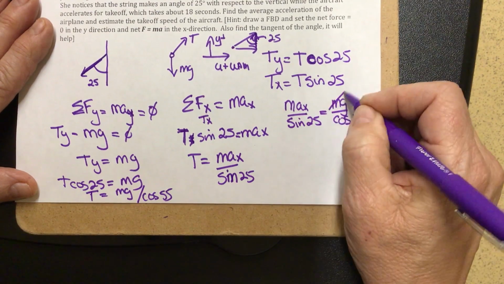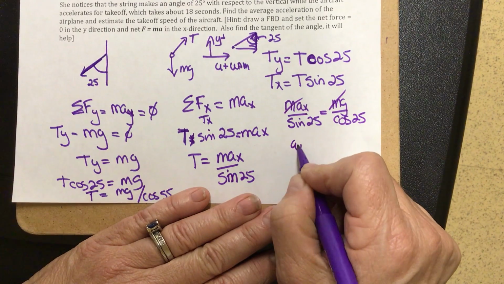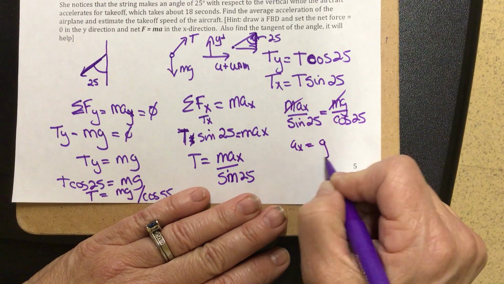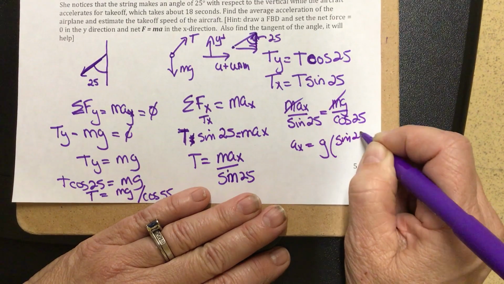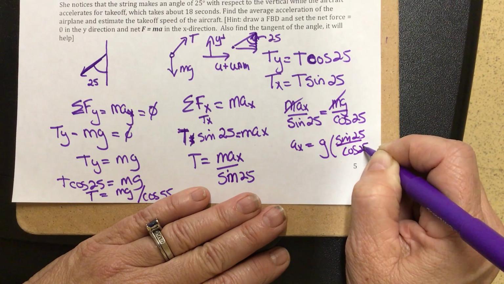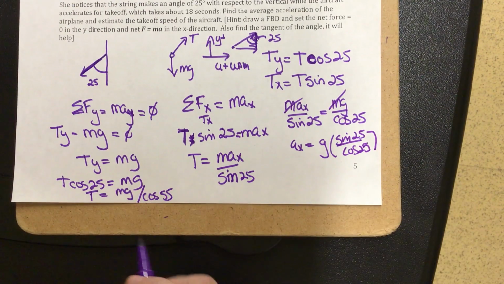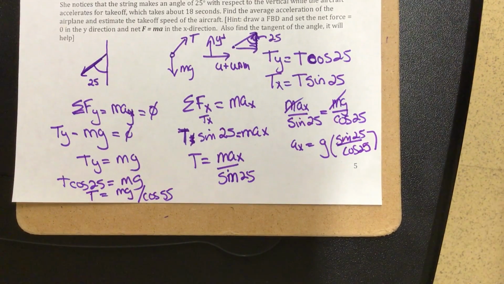All right, as usual, mass doesn't matter. So the acceleration in the x direction is equal to g times sine 25 divided by cosine 25. And with a little bit of algebra, I believe we come out to, let's see, what do we got? I think, grab a calculator.